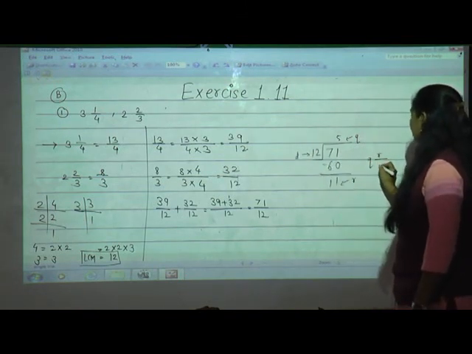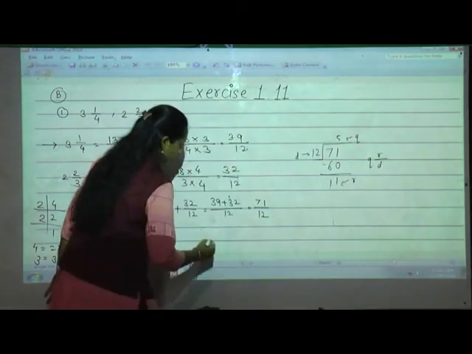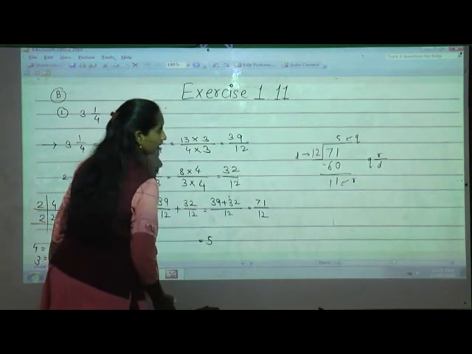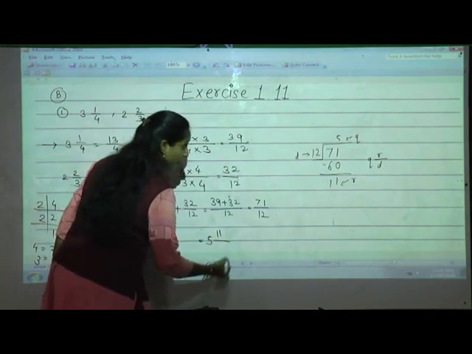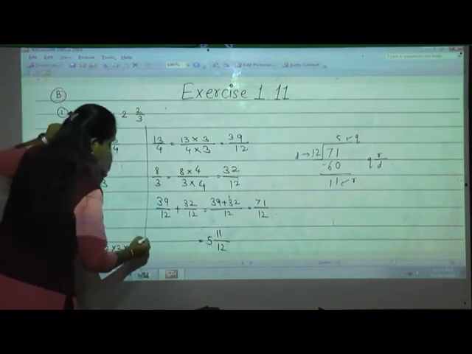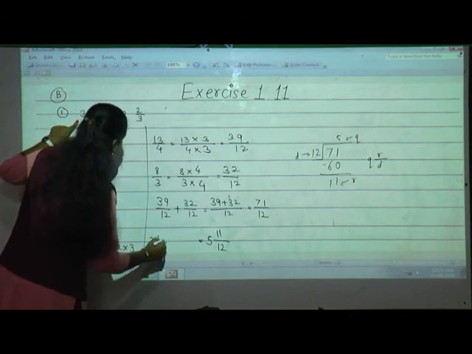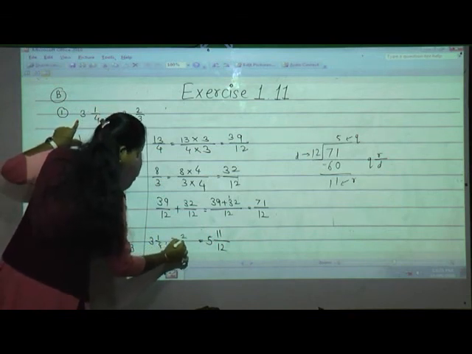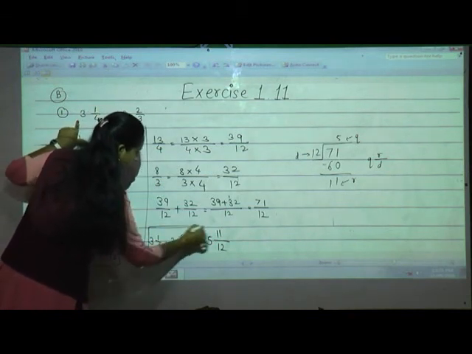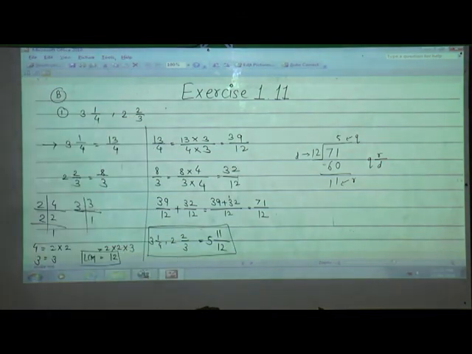Quotient, remainder upon denominator. So what is quotient? 5 and the remainder is 11 upon 12. This is the answer of fractions 3 1 by 4 and 2 2 by 3. Clear? Is that clear? Yes.